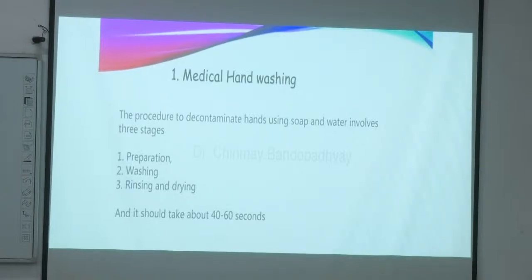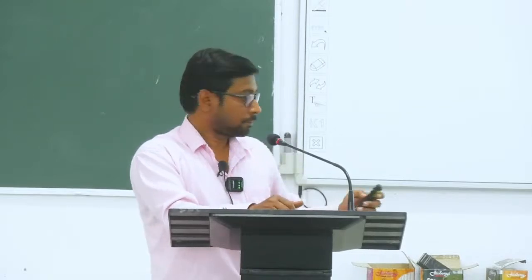That's why adequate water flow should be there, and the tap should particularly be an elbow knob tap. If it is not there, you have to use a single-use paper tissue, and with that paper tissue you have to close the knob.